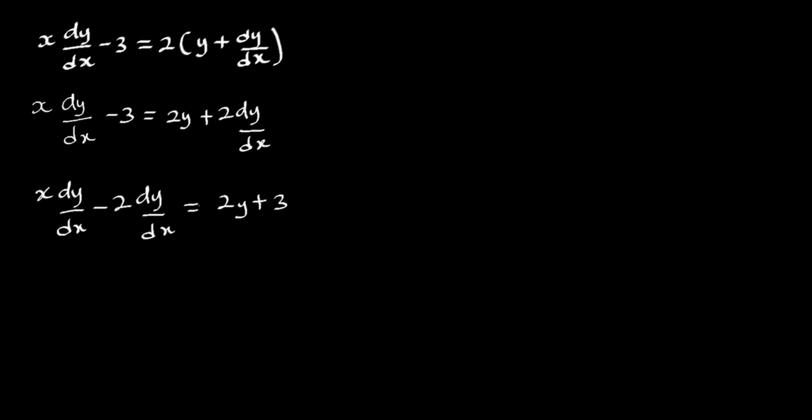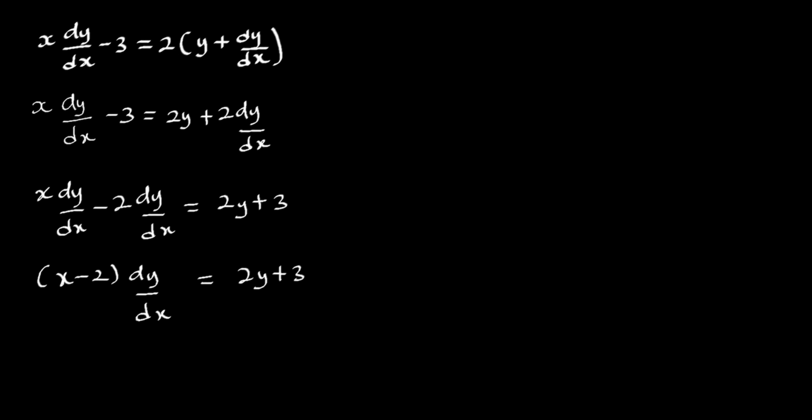This is what you are going to have. Okay, so from here, you see that the dy/dx is common to these two terms on the left hand side. So I'm going to factor it out. Okay, so you're going to have (x minus 2) dy/dx, okay, to be equal to 2y plus 3.